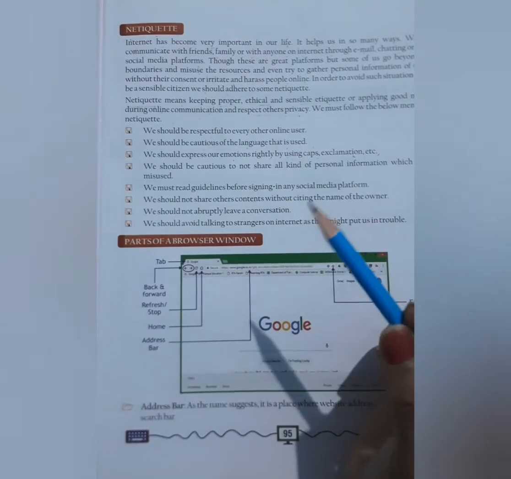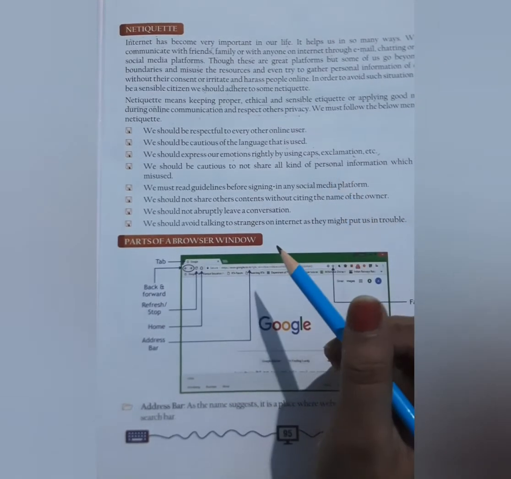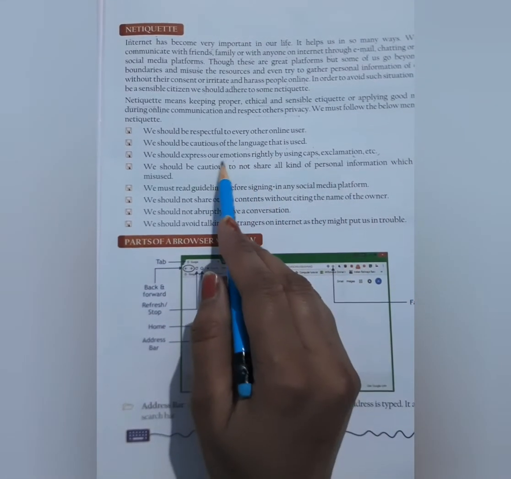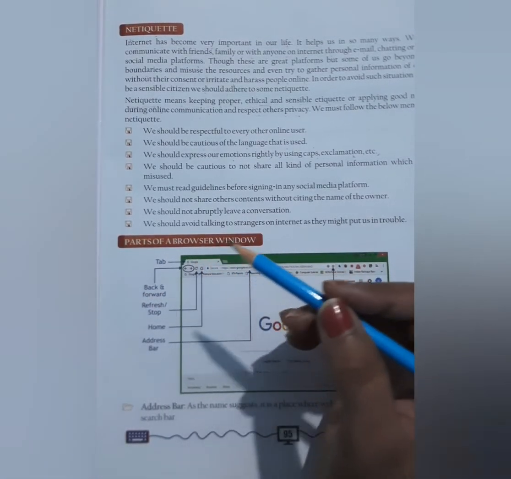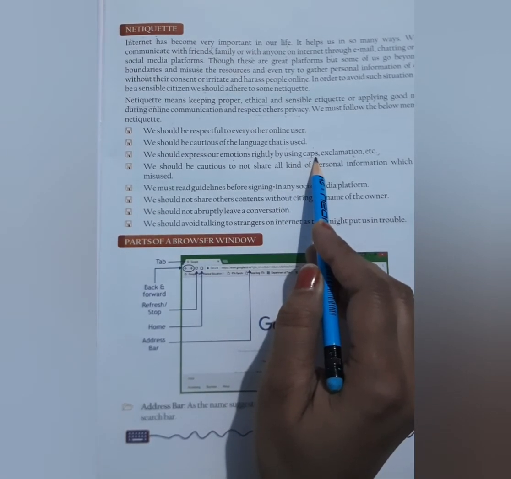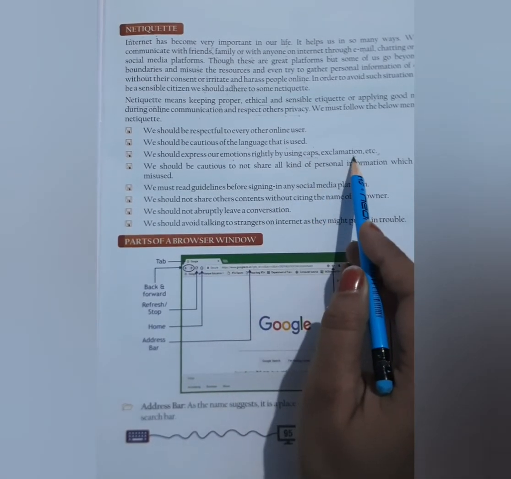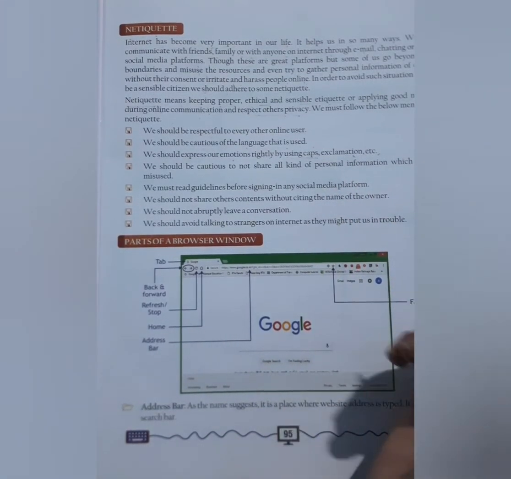We should not use any kind of abusive or rude language to talk to them. And you have to express your emotions. If you wish, you can use caps lock. Caps means caps lock alphabets or words. Exclamation means you have to express your feelings in written form only.